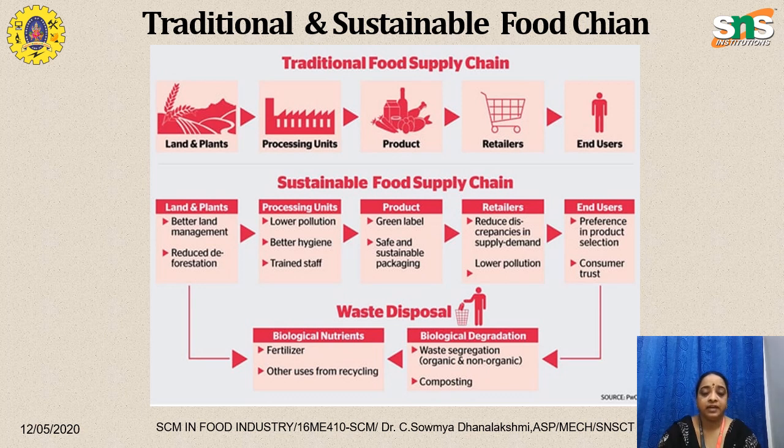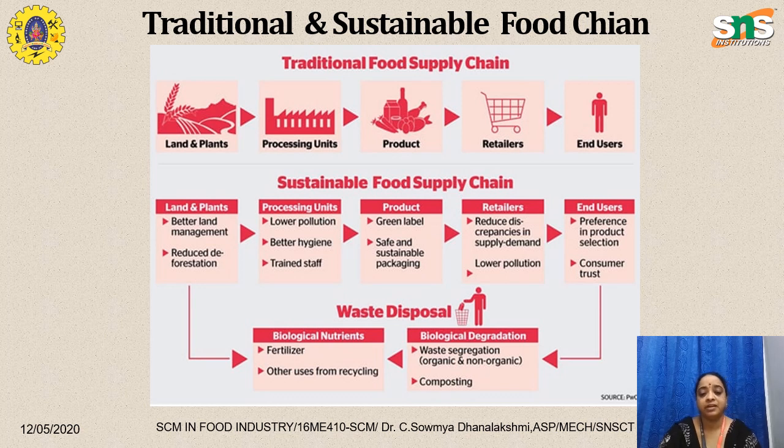Land and plants where land management has been properly done, and the processing units where pollution and hygiene are all taken care of, then branding and packaging, then the retailers, then the end users. After this, the waste disposal stage is handled in each and every stage of the supply chain network.